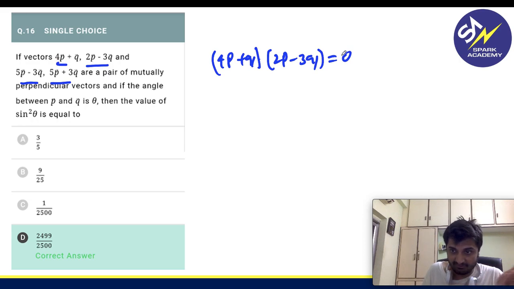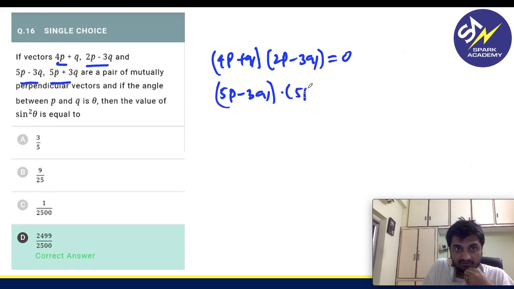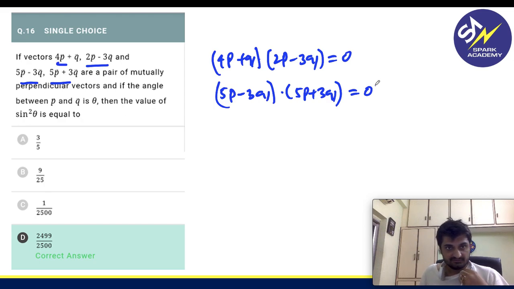When they are mutually perpendicular, dot product is 0. And (5p minus 3q) dot (5p plus 3q) is also equal to 0.